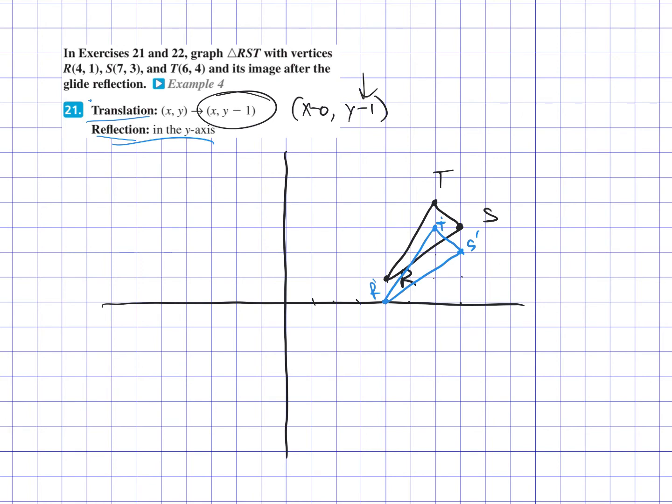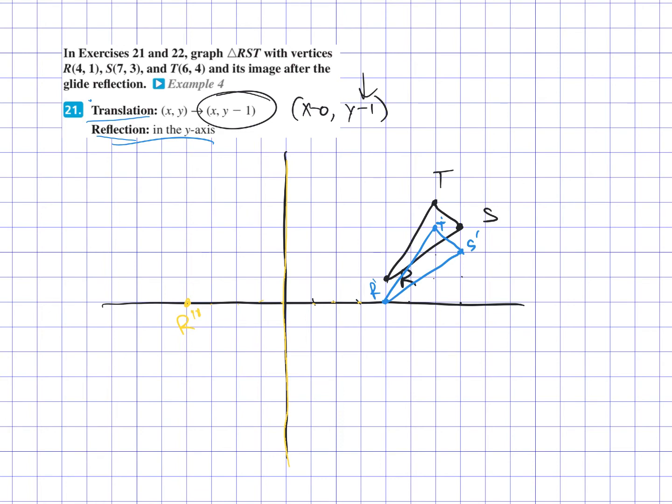And now we're going to reflect in the y-axis. Here's the y-axis again. So count to the y-axis and count to the other side, with your primes. Don't use the original picture here. 1, 2, 3, 4. So we went from R prime to R double prime.